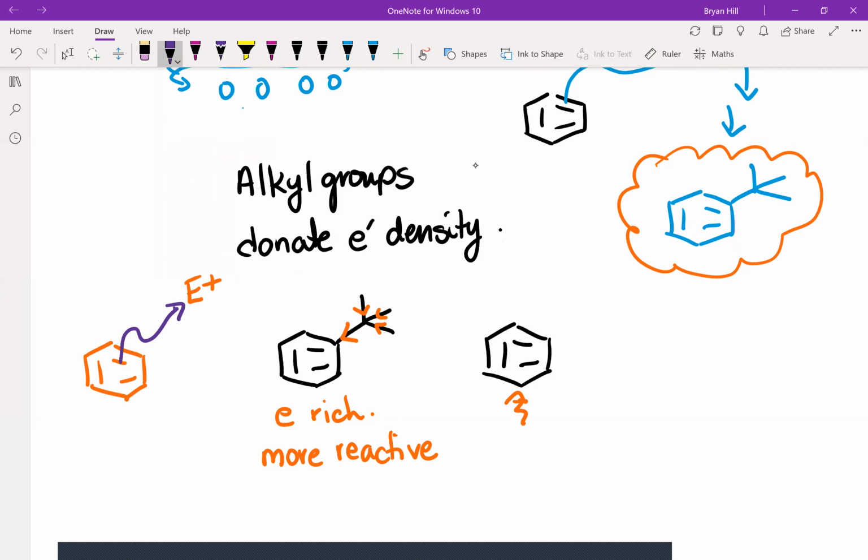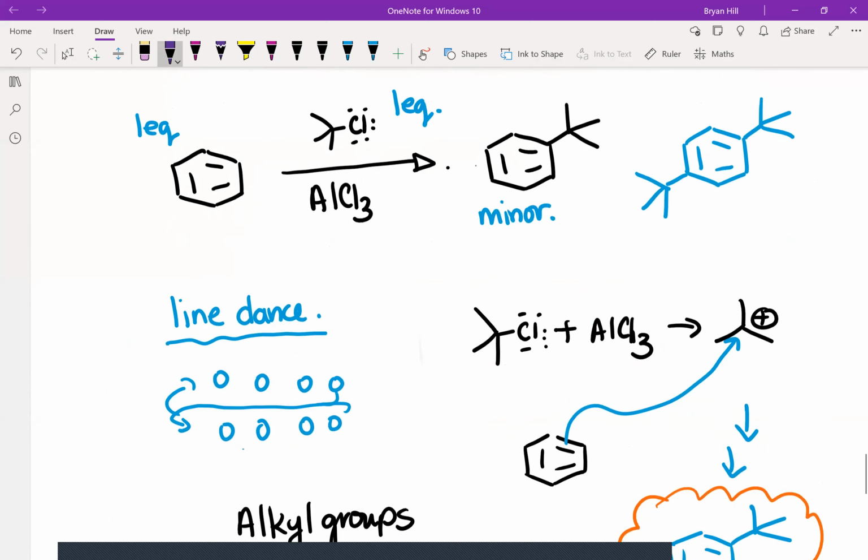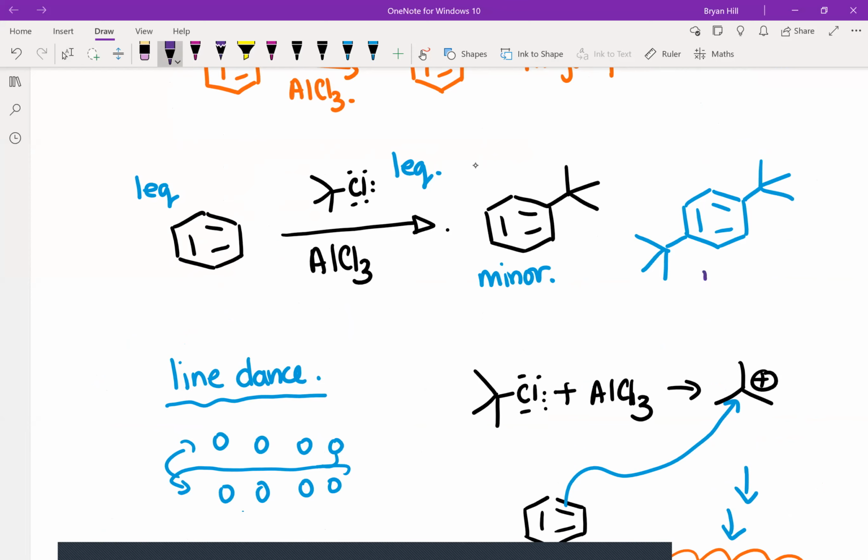So once you install that tert-butyl group, it activates the ring so it can react again. It becomes more reactive, and it will react preferentially compared to the regular benzene. So when you do this reaction, that's why this becomes the major product. Once you start to form it, it wants to react again because that ring has more electron density.